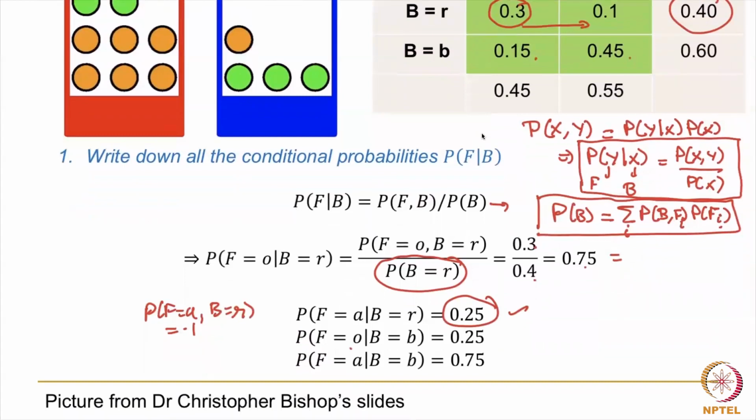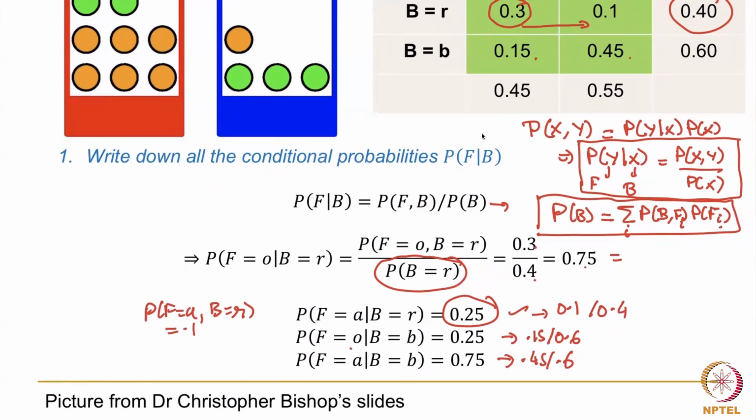This one is 0.15 divided by 0.6. So this was 0.1 by 0.4. This is 0.15 by 0.6. This is 0.45 by 0.6. So put these together, you can actually write all the possible conditional probabilities.